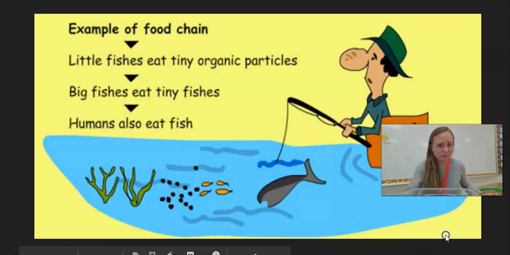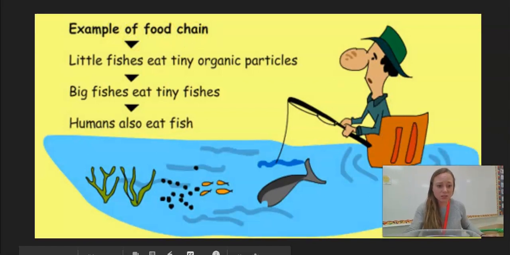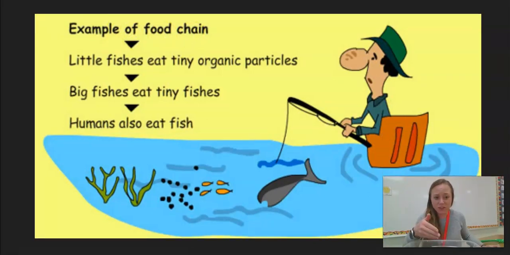And not only to fish, it impacts the whole food chain. It starts with little fish that eat tiny organic particles like seaweed. Then big fish eat those tiny little fish.